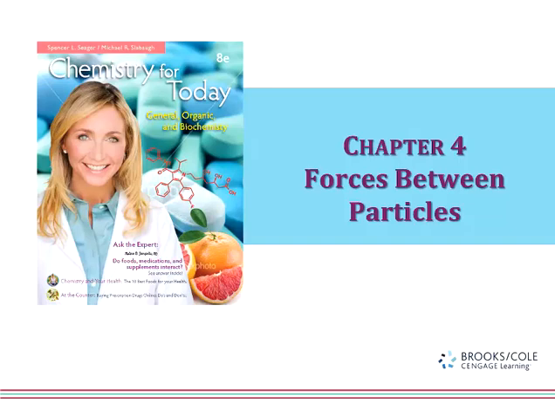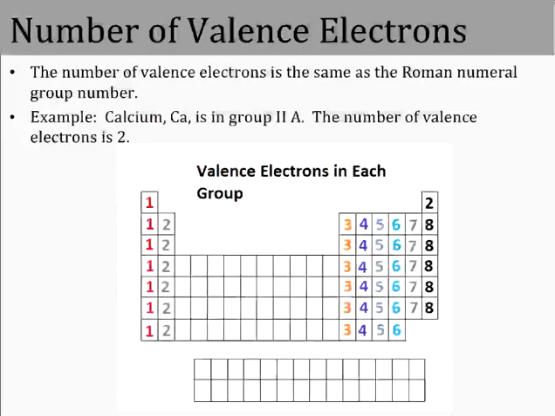Today we're starting Chapter 4, which is all about forces between particles. Just as a refresher, we're going to go over the number of valence electrons that an element has, because that is going to have an effect on how atoms interact with each other, and the forces that occur between atoms or molecules really do depend on the number of valence electrons.